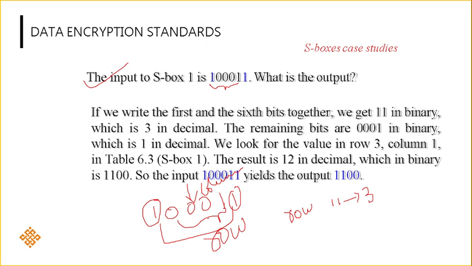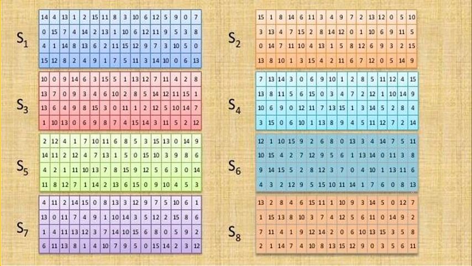Now the column: 0, 0, 0, 1, which in decimal is 1. So we need to check the third row and first column. Please keep in mind the indexing starts from 0: 0, 1, 2, 3. Third row means the fourth row, and 1 means the second column: 0, 1. Now go to the table, third row and first column.